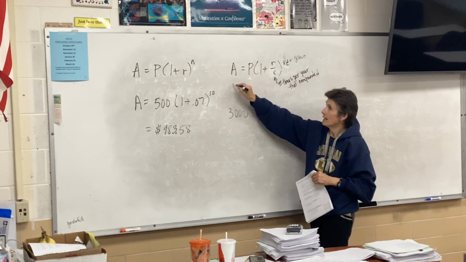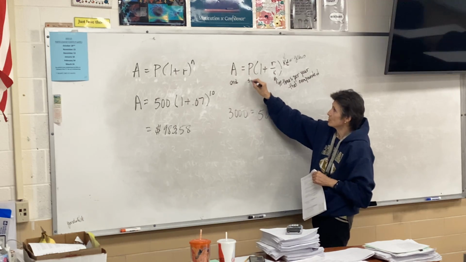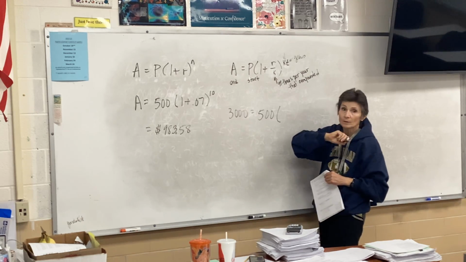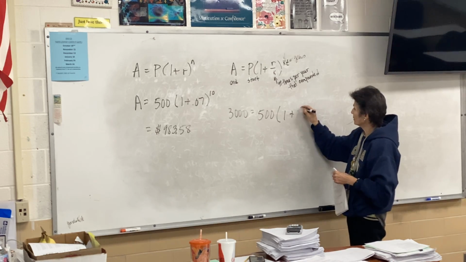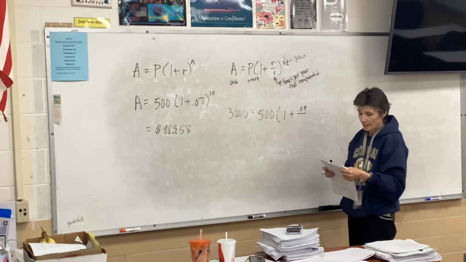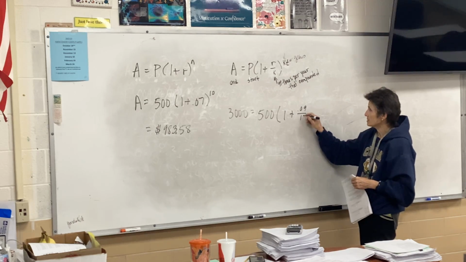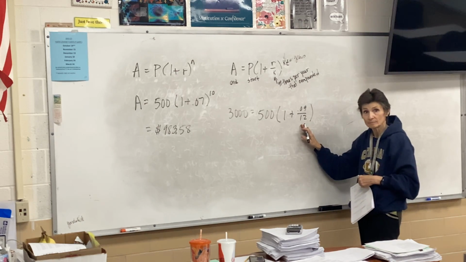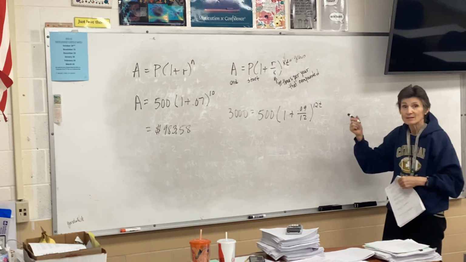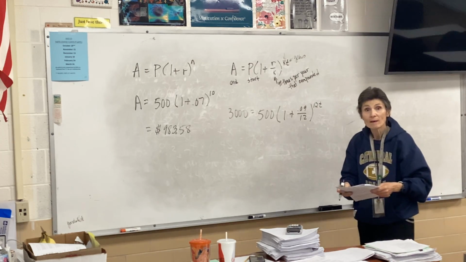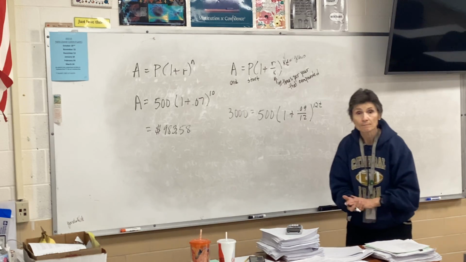Remember, this is your ending amount. This is your starting amount. Okay? 1 plus my interest rate is 0.09. I am compounding monthly, so my K is 12 again. Raised to the 12 T. I don't know T. How many years will it take?